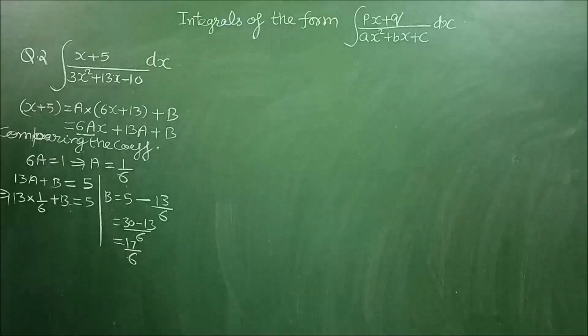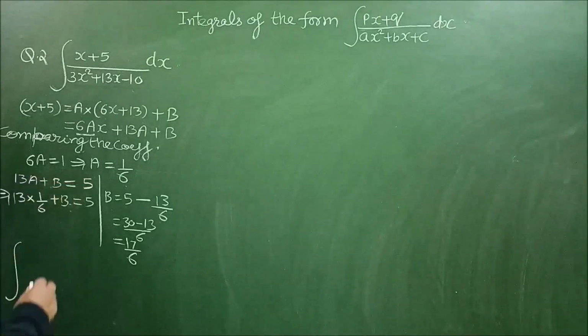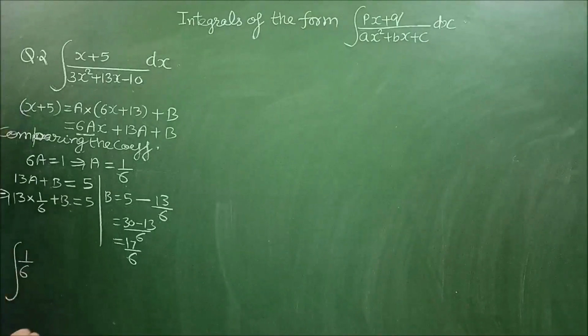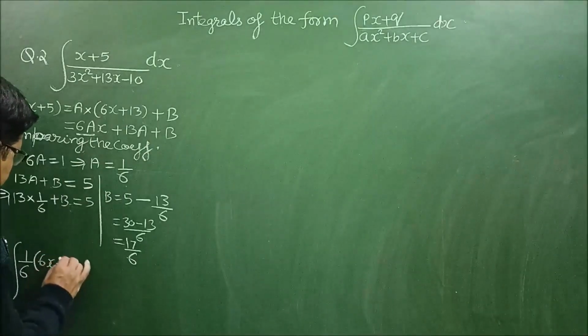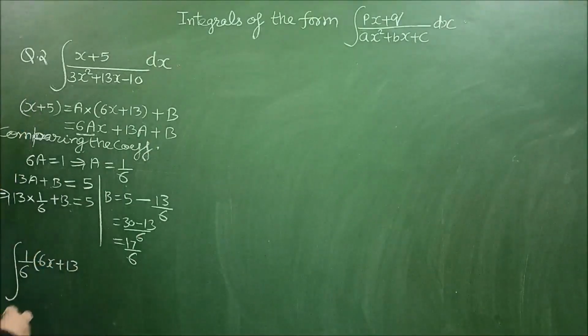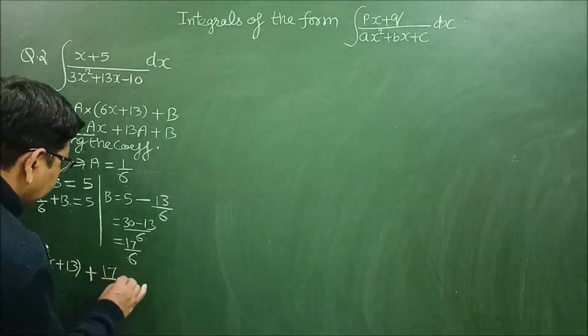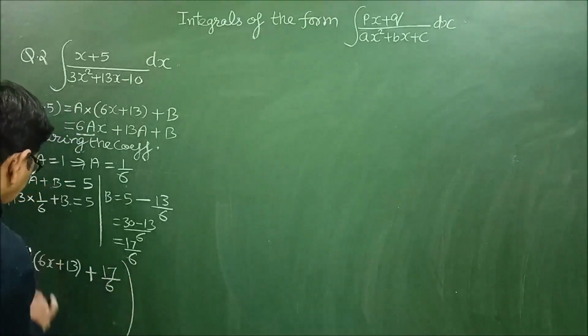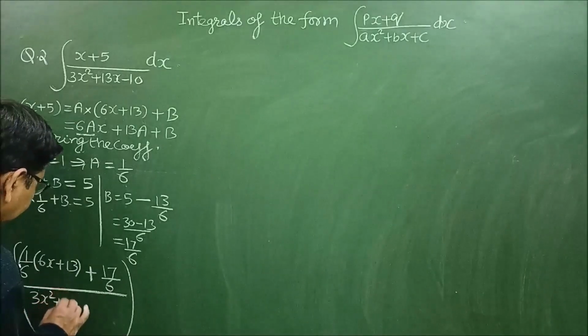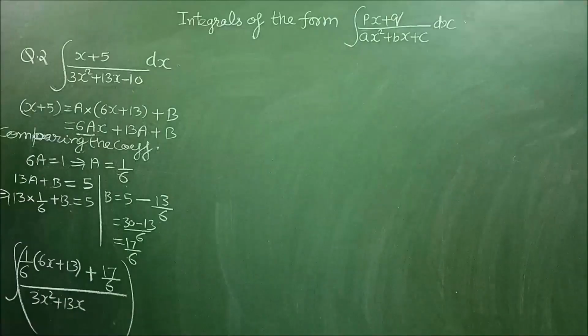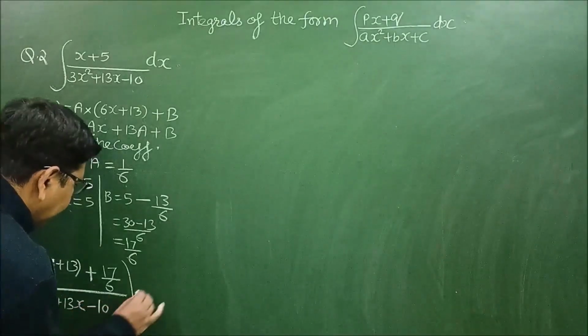So putting the value of a here, the value of a is 1/6, so 1/6 into (6x + 13) plus the value of b, 17/6, divided by 3x square plus 13x minus 10 dx.